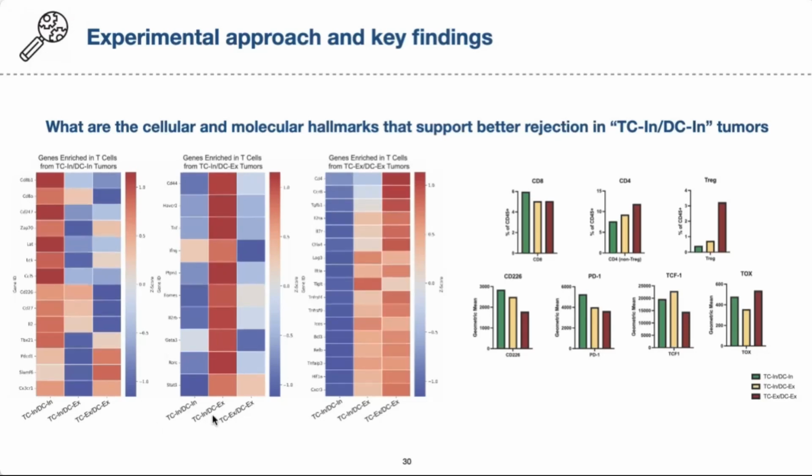Now, in the T cell infiltrated, dendritic cell excluded tumors, the picture was a little bit more complex because we see that there's much higher expression of CD4 in these samples. And because now we're really looking at signatures that are coming from pooled CD8 and CD4 T cells, it's a bit hard to tease out, but we can see that there's a mixed effector type CD4 signature in these T cell infiltrated, dendritic cell excluded samples.